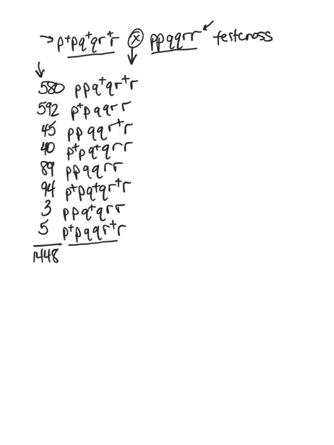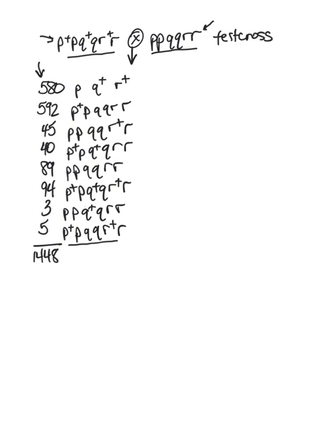For example, in this first genotype that's listed, the 580, I have a recessive p that is not necessary. It's coming from the test cross parent. I have a recessive q allele coming from the test cross parent, and I have a recessive r allele coming from the test cross parent.